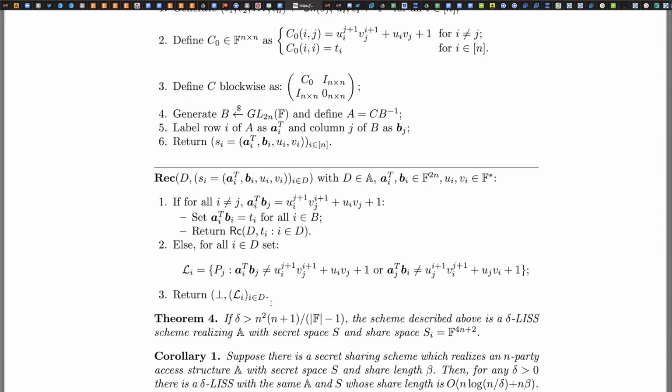Basically, the property that this is going to guarantee is that if anyone tampers with their share, so they received a particular share, and then in the protocol they send back a tampered version of it, so they swap out some bits, let's say.